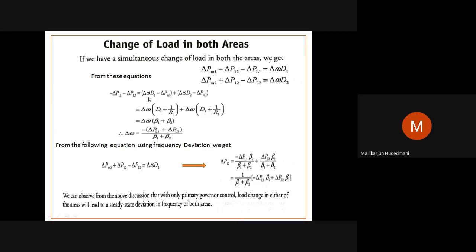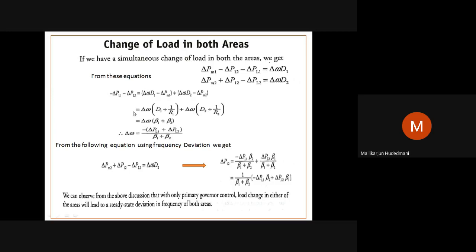You can see here, my delta omega D1 minus PM1 plus delta omega D2 minus PM2. We know that PM1, PM2 are minus delta omega 1 by R1, and I can shift it as 1 by R1, 1 by R2. When I take delta omega outside, what happens? Delta omega outside, beta 1 plus beta 2, where beta 1, beta 2 are the composite frequency responses of area 1, area 2.